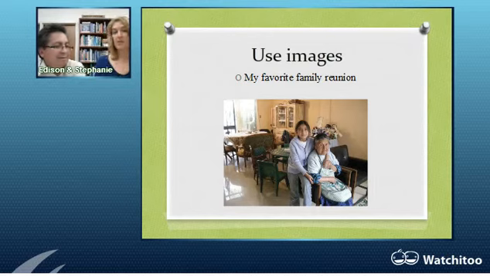And students can use their family photos as a push into a writing activity to describe their family, talk about or write about a specific event that they did with their family, or write about a tradition that they do regularly or did in the past. So they can be practicing different tenses.